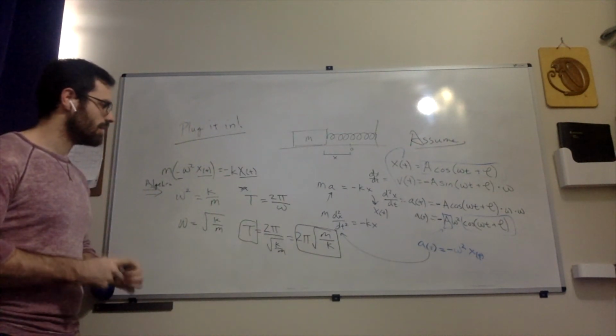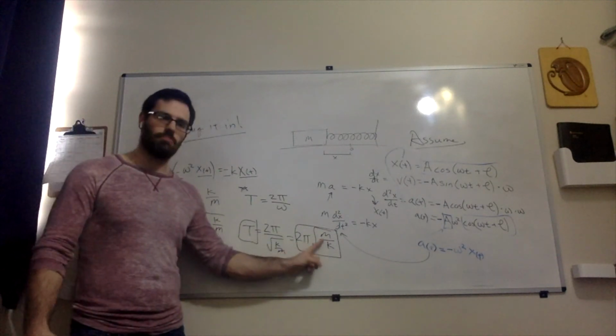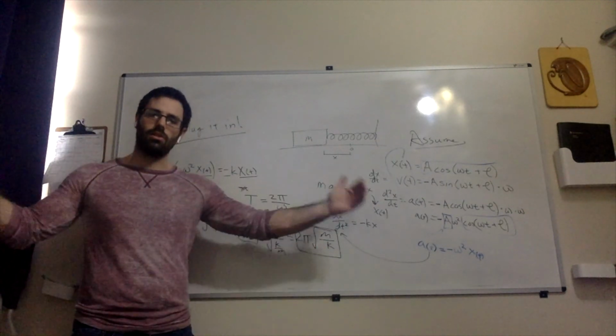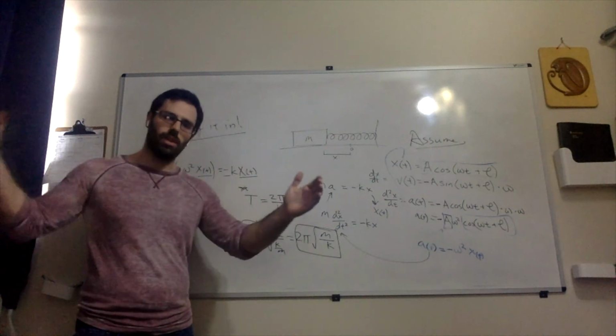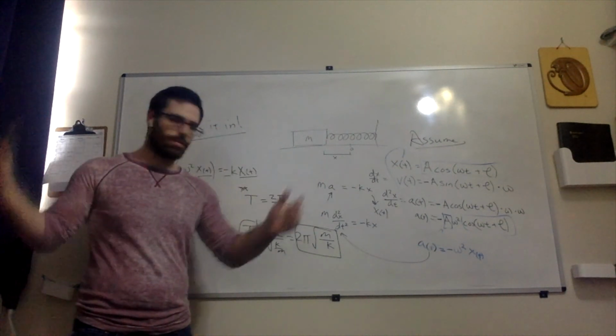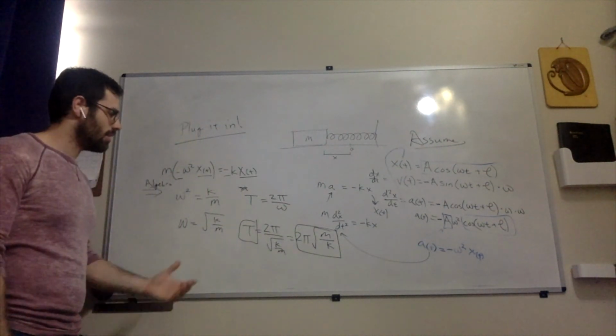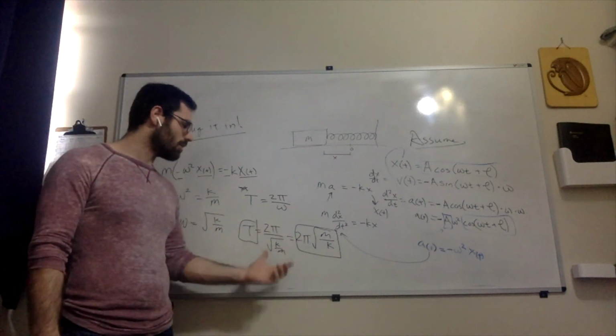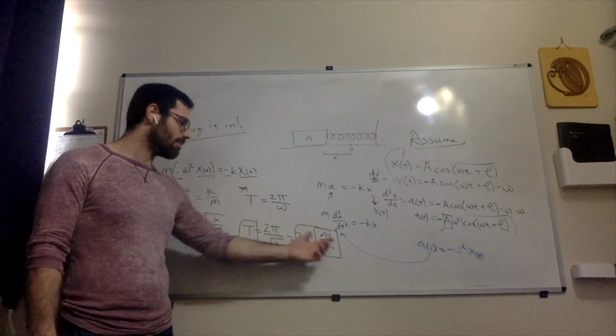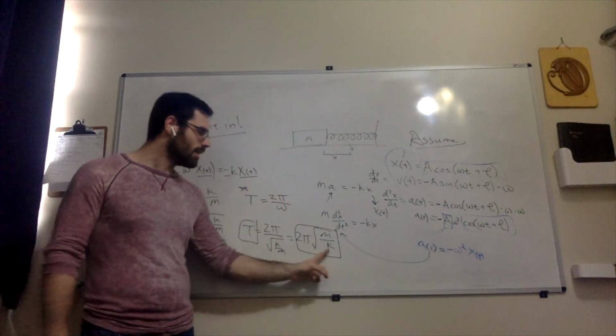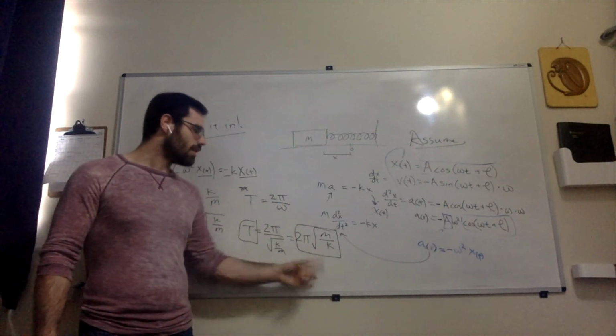So what does this mean? It means that as my mass gets bigger, it takes longer to travel through my oscillation. And as my mass gets smaller, it takes less time. As my spring constant gets bigger, it takes less time.